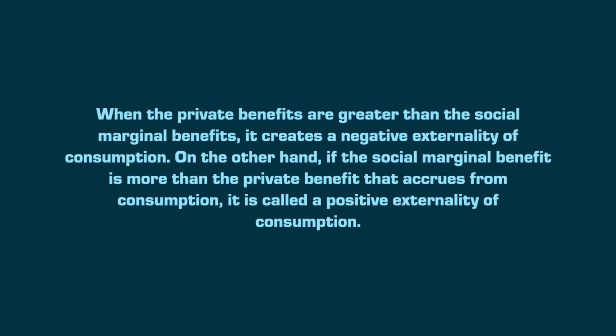When the private benefits are greater than the social marginal benefits, it creates a negative externality of consumption. On the other hand, if the social marginal benefit is more than the private benefit that accrues from consumption, it is called a positive externality of consumption.